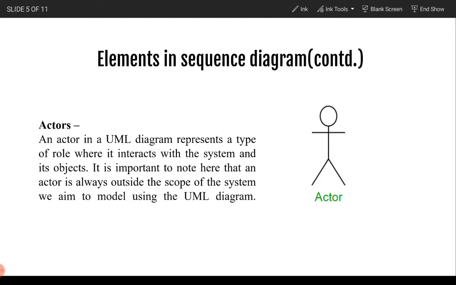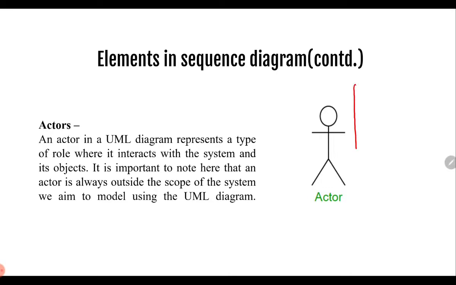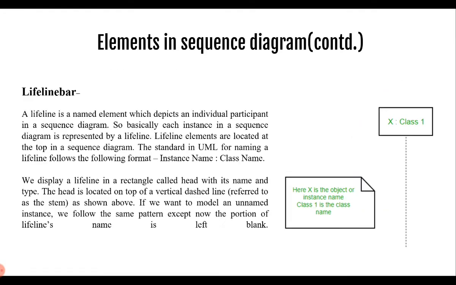We have to know that it is important that the actor is always outside the scope of the system we aim to model using the UML diagram. It might be a use case, then also the actor stays out of the system boundary. If we are talking about a sequence diagram, then also the actor will stay out of the system boundary or the entire system, and from the outside only the user will be able to interact.